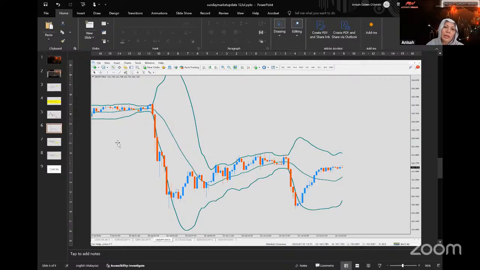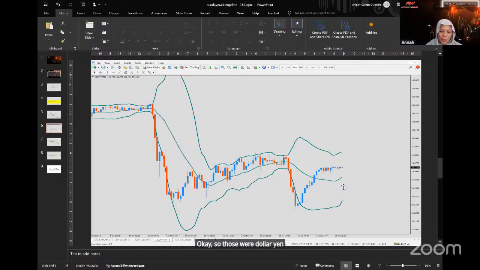So those were the setup that I would suggest when the price triggers the long entry. So those were dollar yen.